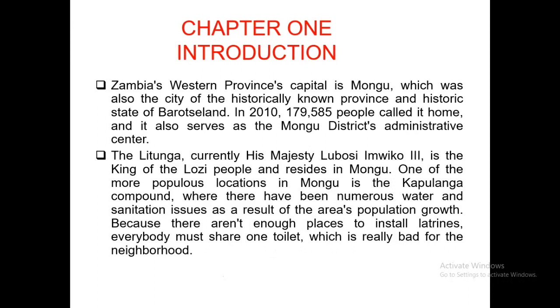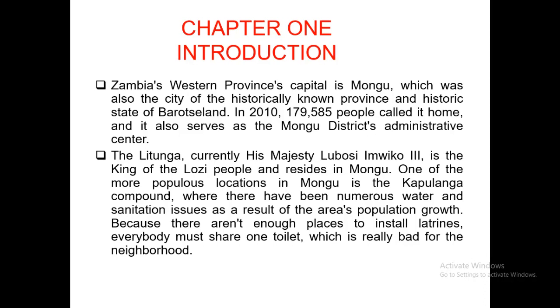So I'll go to chapter 1, since we don't have too much time to talk about this issue. For some of you who are hearing about Zambia for the first time, Zambia's Western Province has its capital in Mongu, which was also the city of the historical Barotse province and historical state of Barotseland. Maybe you have heard or read some writings about Barotseland. In 2010, 179,585 people called it home.